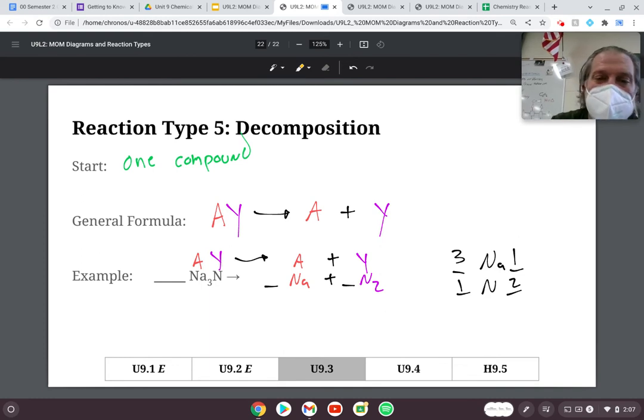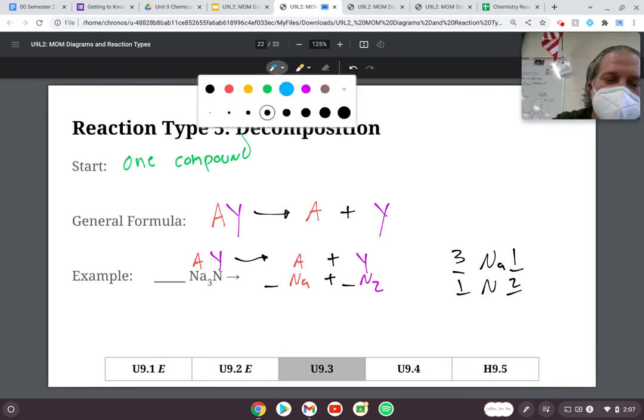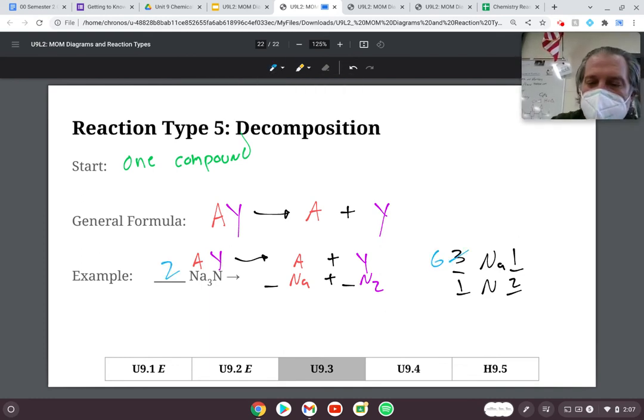What that means is I'm going to predict that I'm going to balance my nitrogens first in this case by putting a 2 in front of the Na3N, the sodium nitride. That's going to give me 6 sodiums, and it's going to give me my 2 nitrogens. So I'm going to balance my sodiums by putting a 6 here and leave my nitrogens alone, and so now everybody's happy.